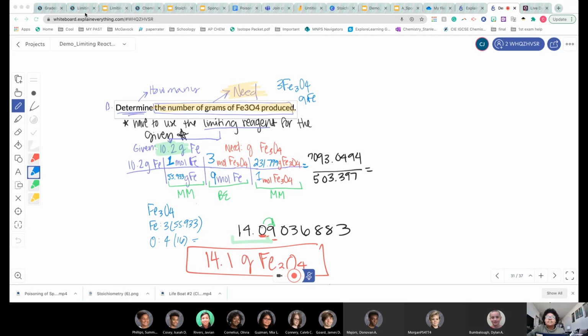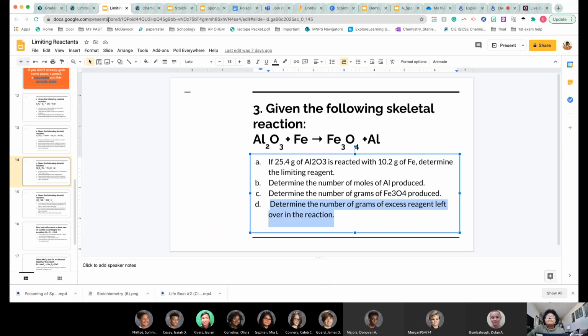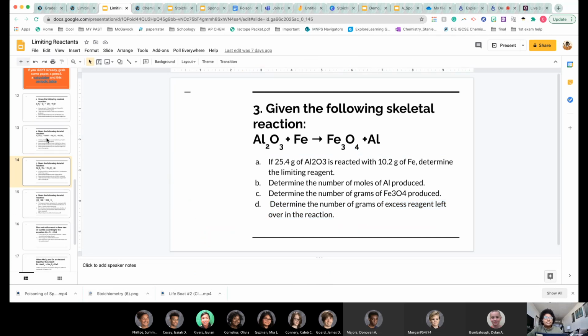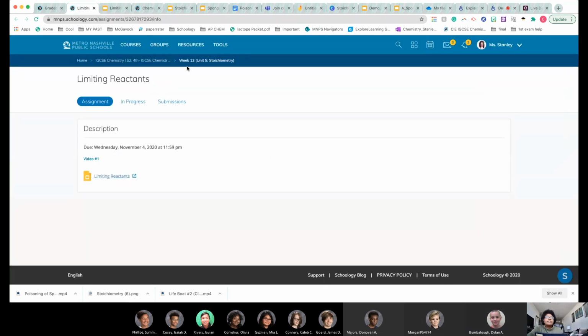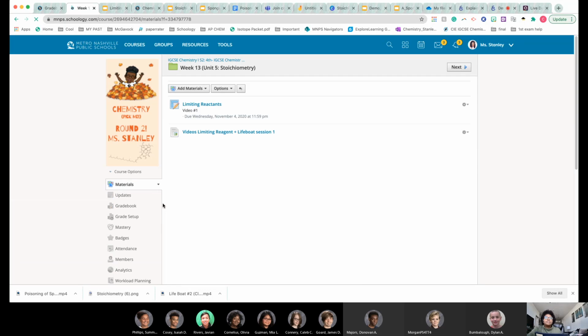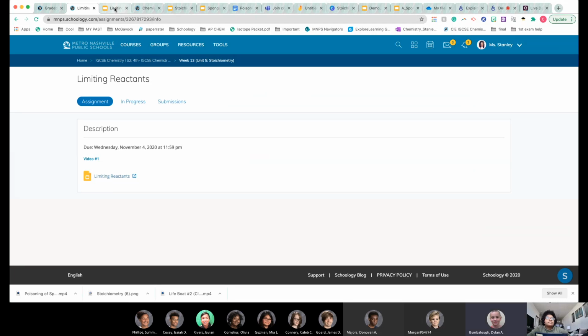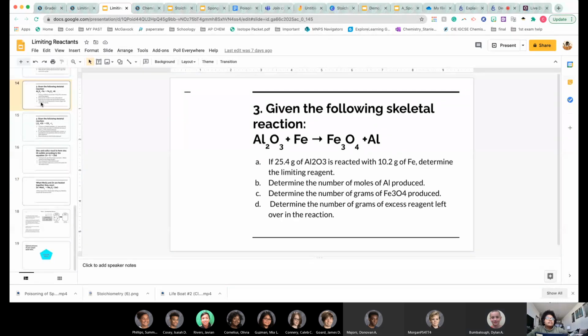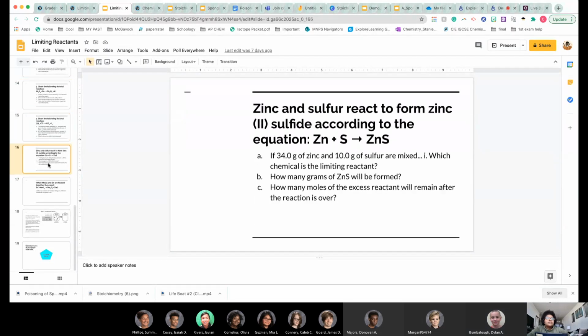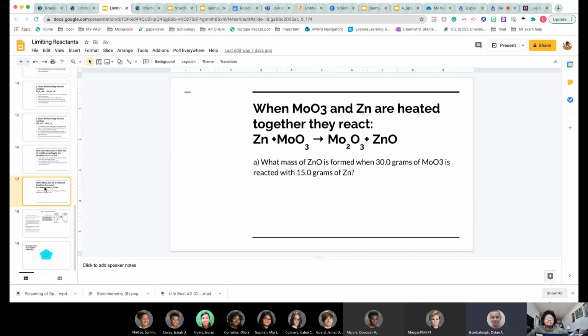If you remember this, it was 5 years ago, but the assignment that this is under is called limiting reactants, right? It's in week 13, and it's right here. There are 4, 5, 6 problems. So 1 through 6 has to be done?